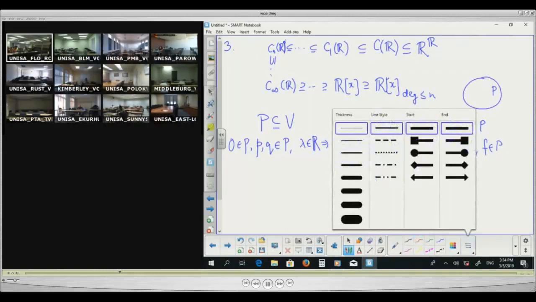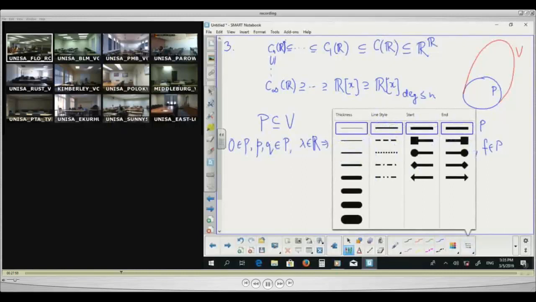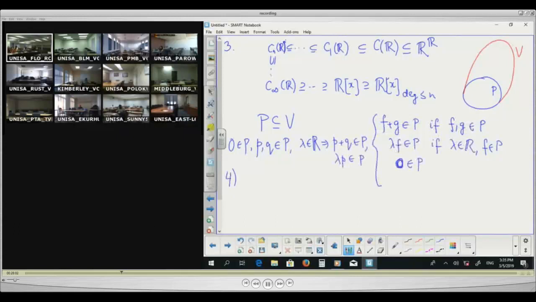Now, let's have another example. Suppose P is a subspace, and remember the inclusion function is a linear transformation. Obvious.